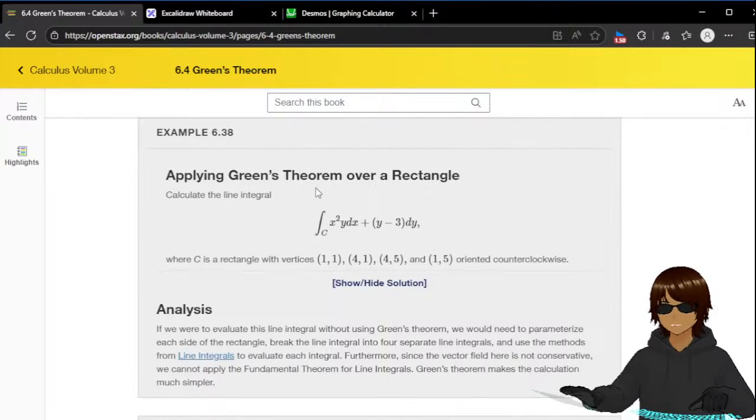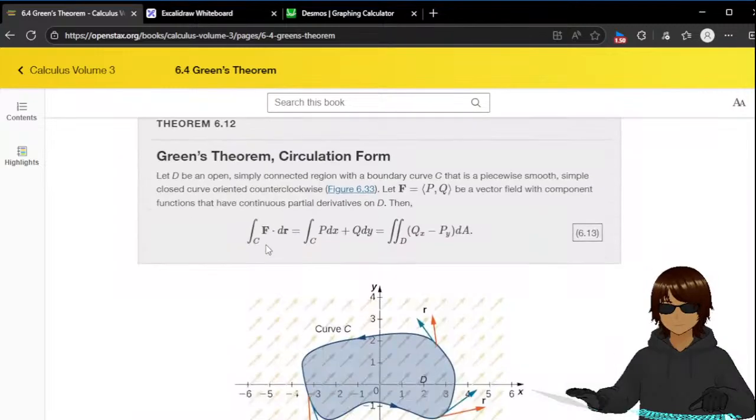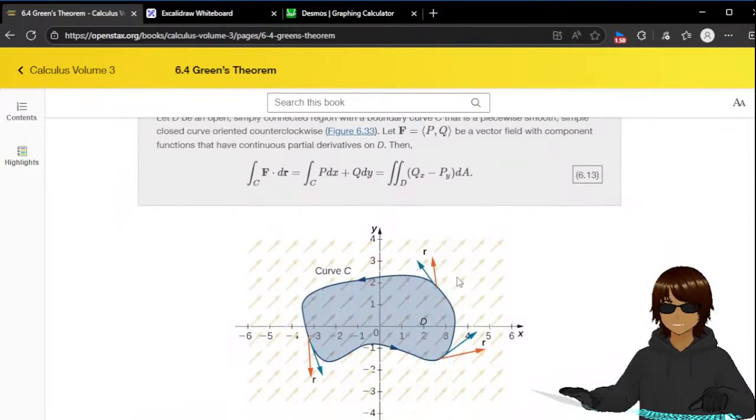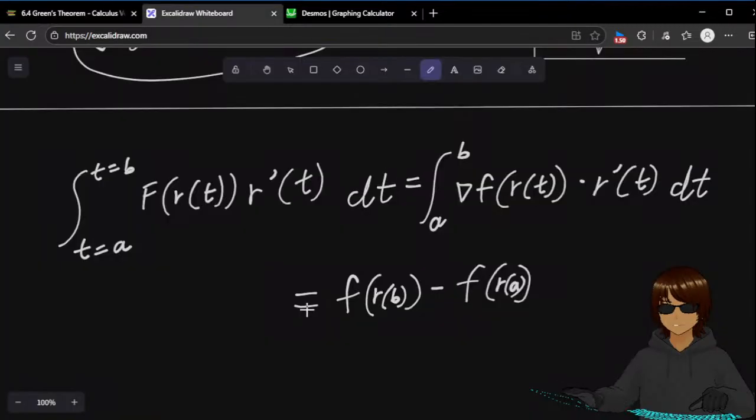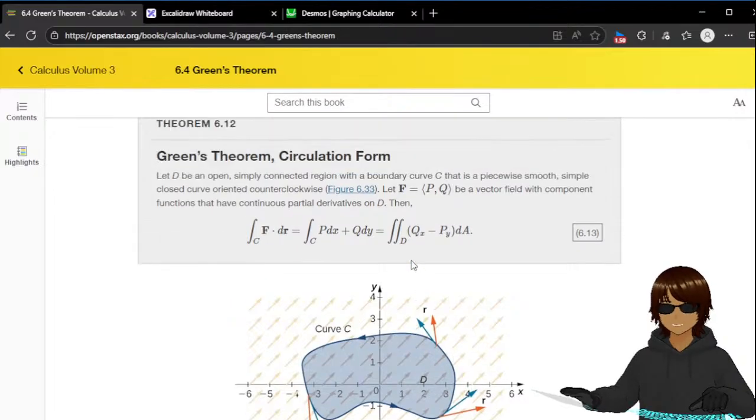Applying Green's theorem over a rectangle, the thing I don't understand is, if you apply this, r(A) and r(B) are at the same point. You go around, wouldn't it be zero?